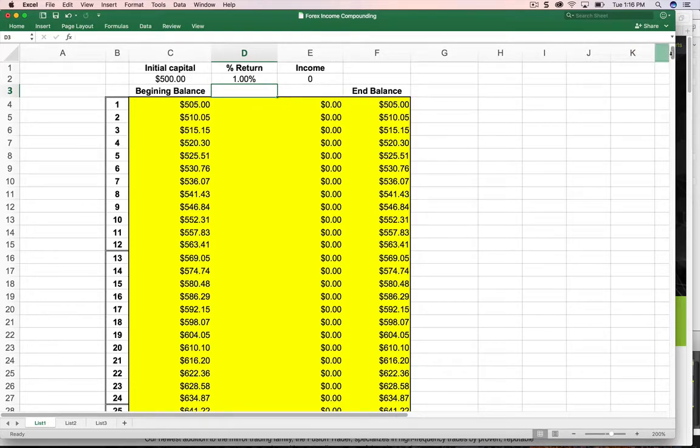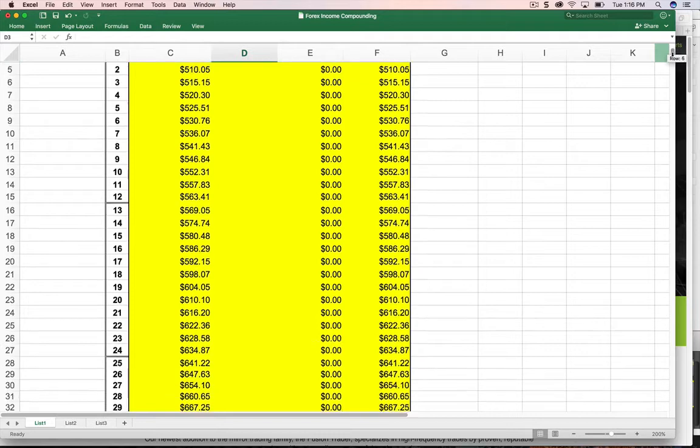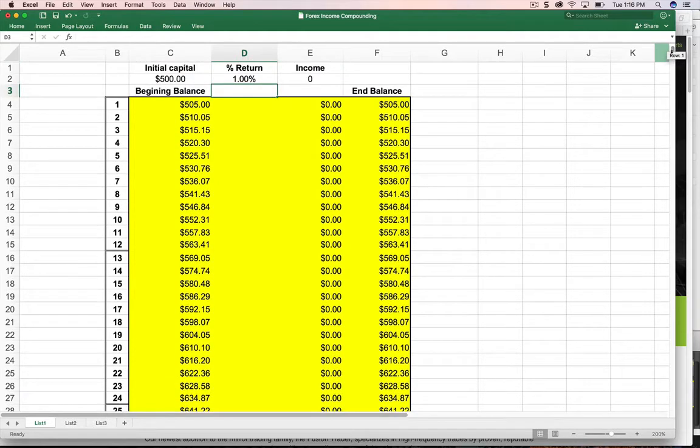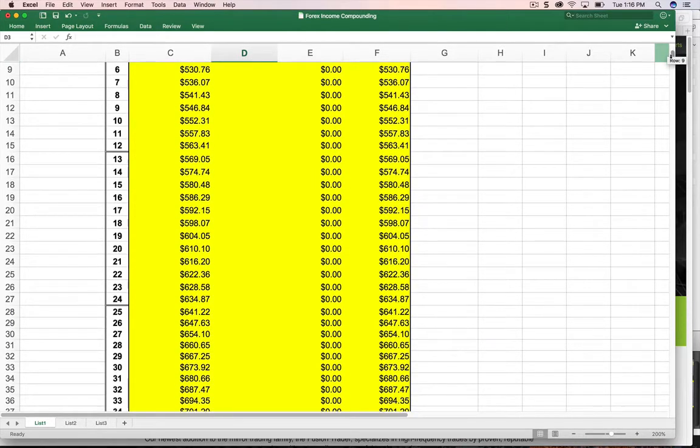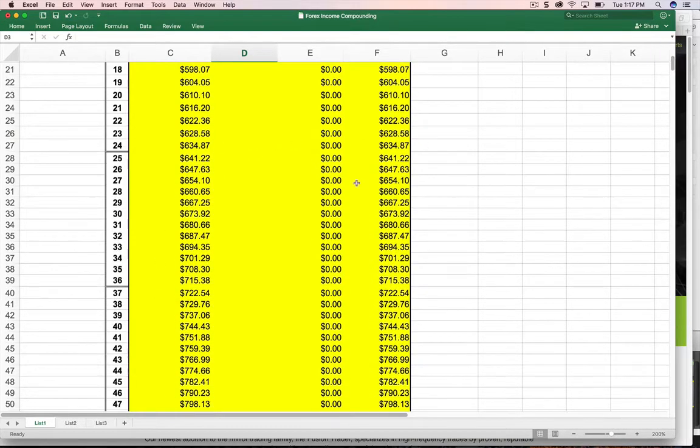If you're earning 1% daily on 500, and this is compounding every single day on your balance, at the end of 30 days, ladies and gentlemen, you're at $673.